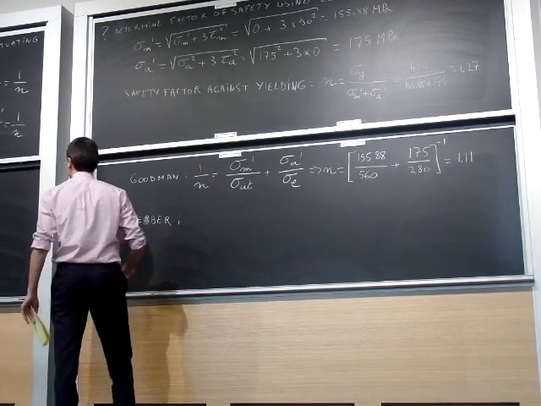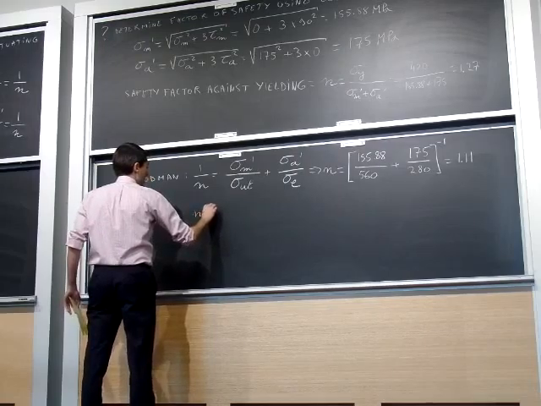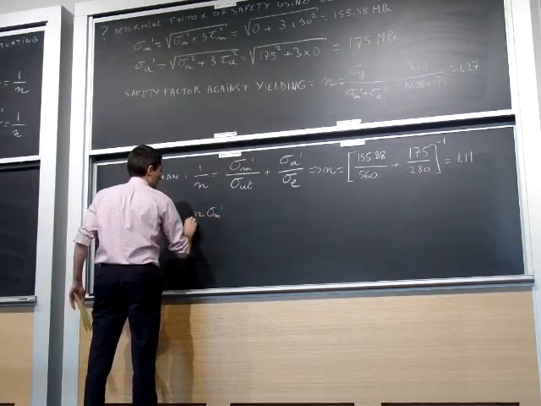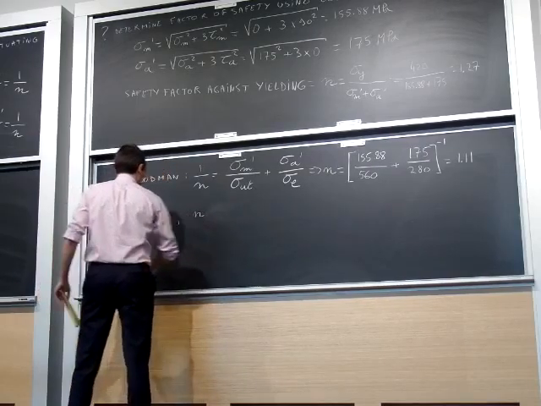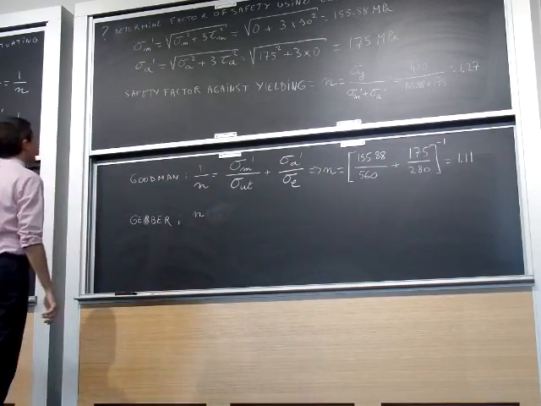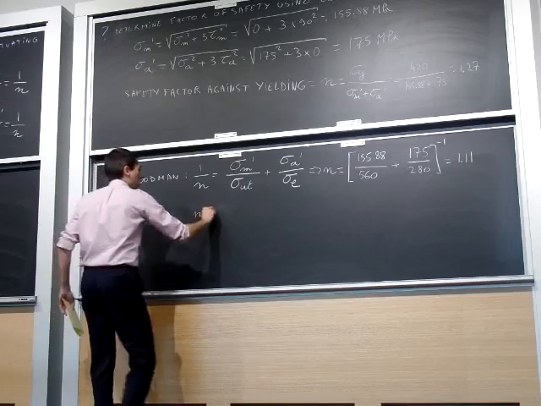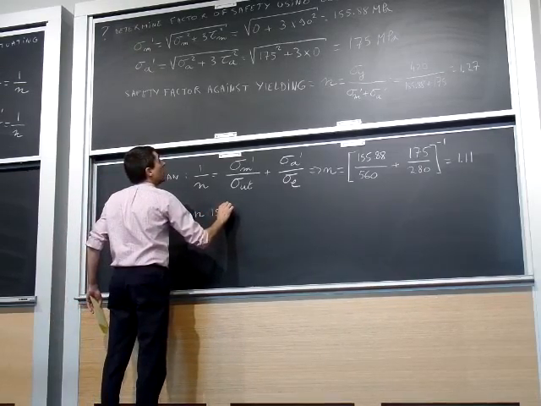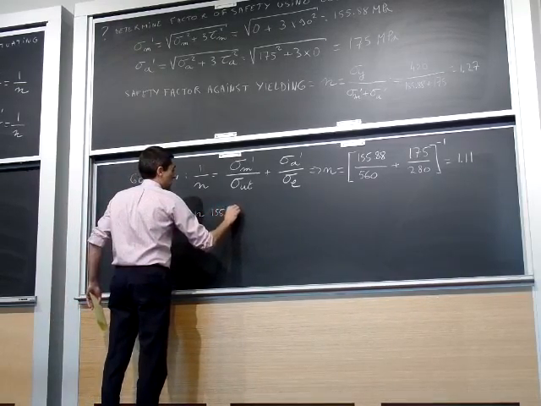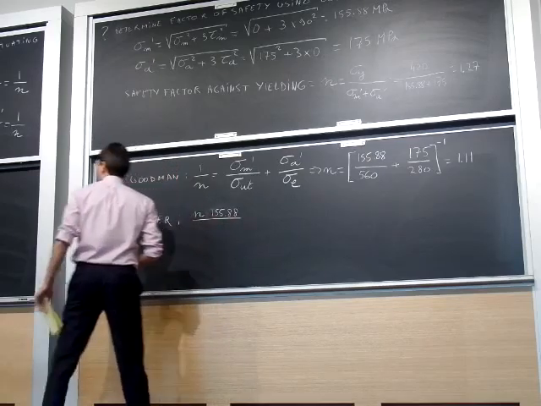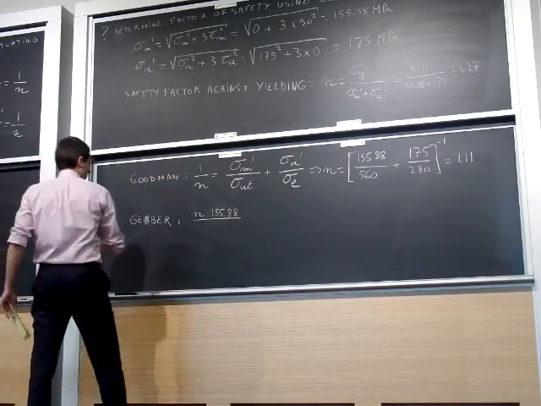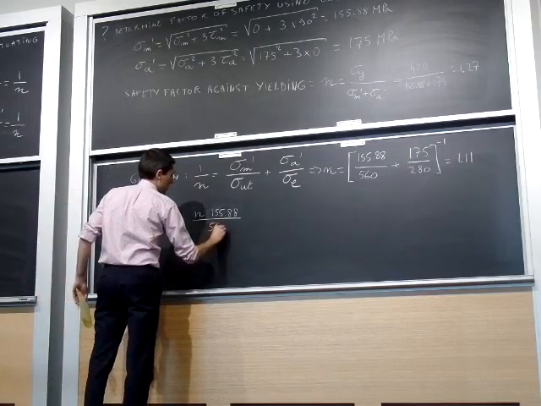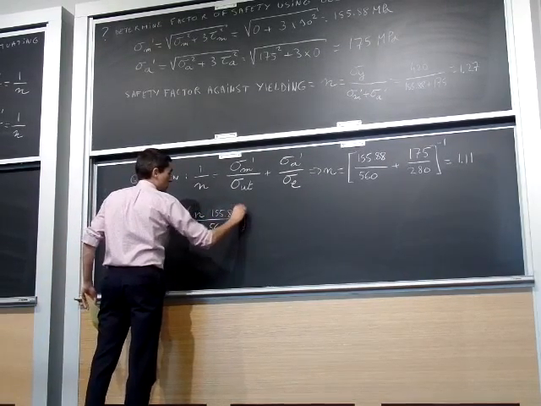we got n times sigma m prime. Let's fill in the numbers. I mean, the equation is right there. So n times sigma m prime is 155.88 divided by sigma ut, which is 560, squared.